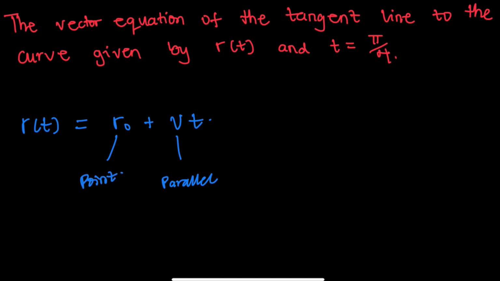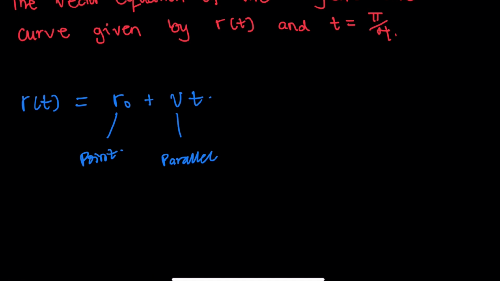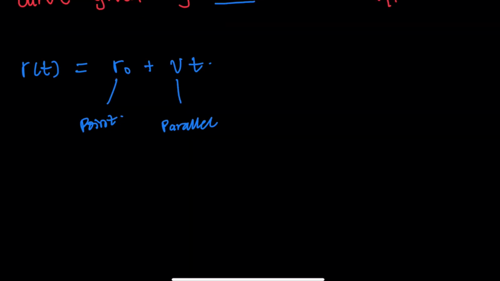Here we just need to find these two and we can solve our question. We need to find a point on the curve given by r of t. So let's find our point r naught at t equal to pi on 4.